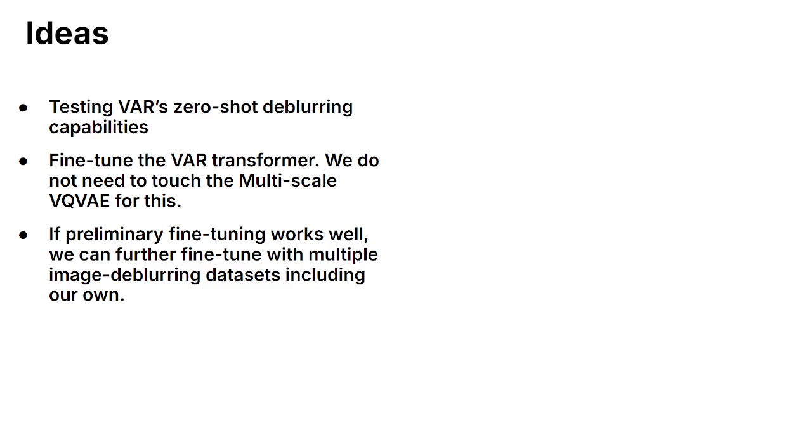We don't need to touch the multi-scale VQVA because all it does is tokenize images, and the tokenization we don't want to touch. That's fine. But if the ground truth is a sharp image and the input tokens are blurry, then hopefully the transformer learns how to remove the blur. And if this preliminary fine tuning works, we can work on multiple data sets to create a better image deep learning model. All right, thank you very much.